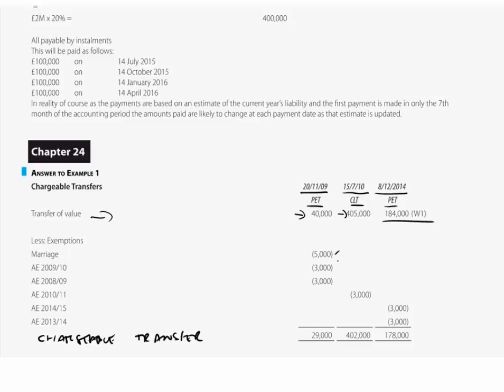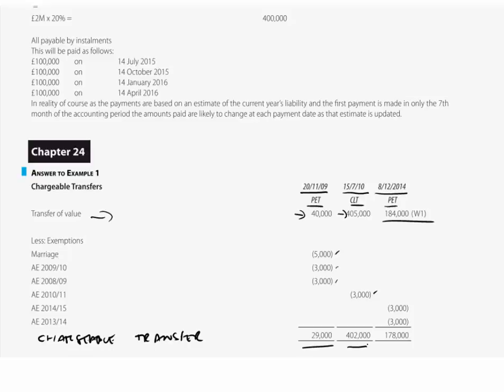Take away therefore the 5, the 3, the 3 from 40, 29,000 is the chargeable transfer. CLT, we're told the transfer of value on that one again at 405. What's available? Well, all we've got now is one annual exemption for 10-11, 3,000, take it away, 402.